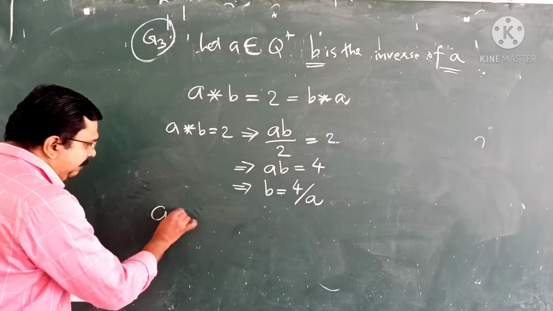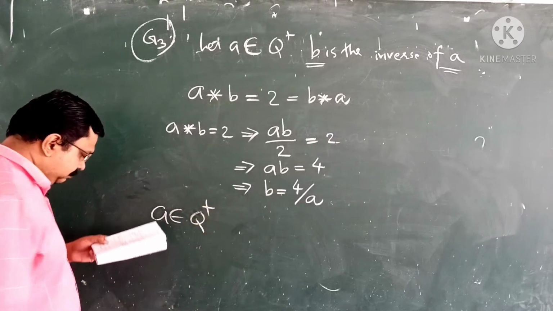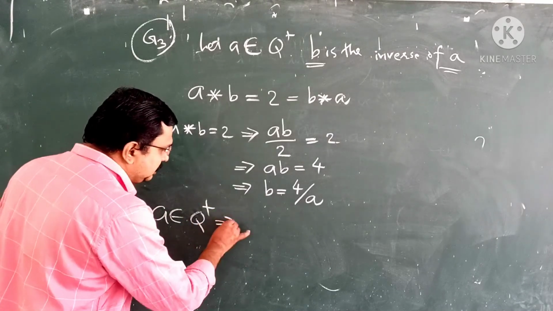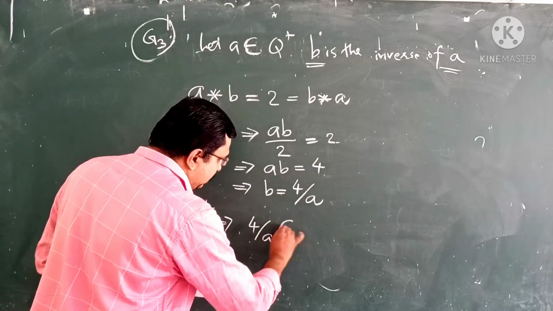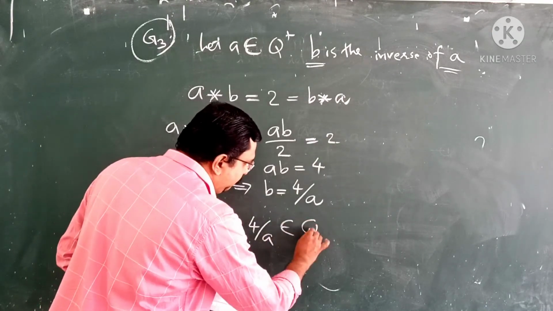Now A belongs to Q plus, which implies 4 by A also belongs to Q plus.